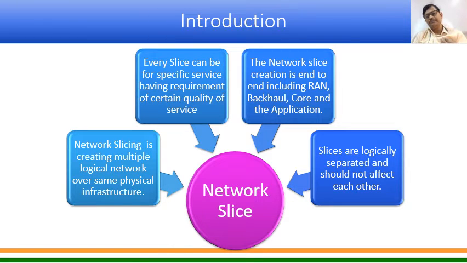Similarly, if there is some security requirement in one slice, that is limited to that. You can build a particular slice having a certain level of security. Or suppose there is some security breach happening in one slice, it should not affect the other slices. So that is logical separation in a way that they are not affecting each other.